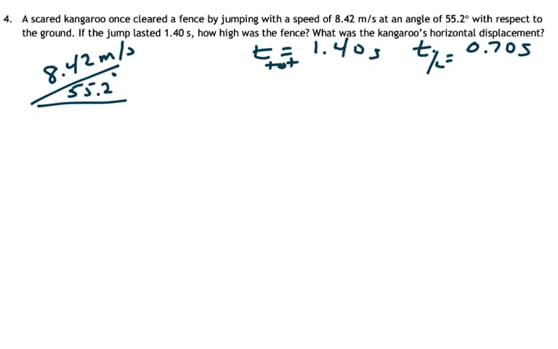You're jumping over a fence. We're trying to figure out what that height is. So we have to have at least whatever that maximum height is for this particular speed. So we're going to use VF squared is equal to V initial squared plus 2GH.